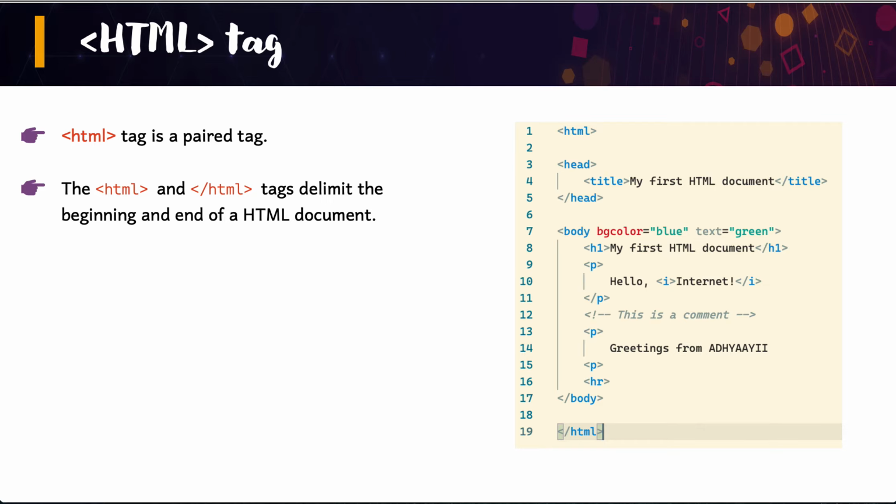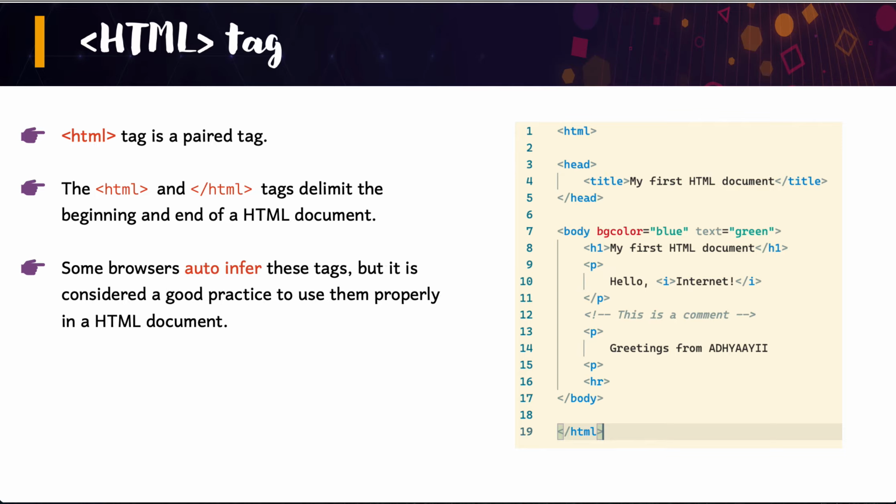These two tags, the beginning and the end tags, denote the beginning and the ending of a HTML document. Some browsers, like we have already discussed, can auto-infer these tags, meaning we don't need to specify these tags in a HTML document. The browsers can understand them, but it is a good practice to use them properly in a HTML document.